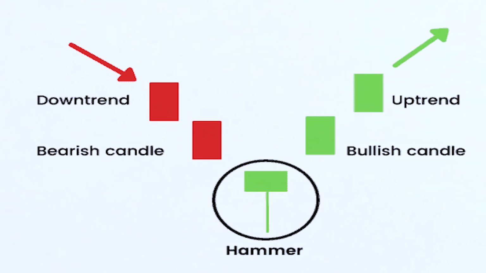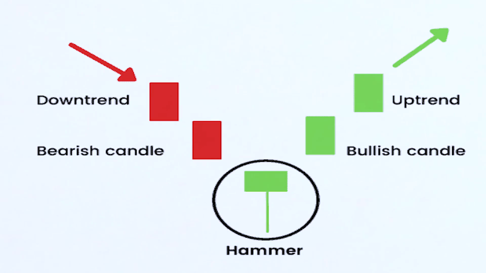This pattern, resembling a hammer with its small body and long lower wick, suggests that buyers have stepped in to support the price, potentially signaling the end of a downtrend and the beginning of an uptrend. The psychology behind this pattern is simple yet profound. Sellers pushed price down, but buyers regained control and pushed it back, indicating a strong buying interest.